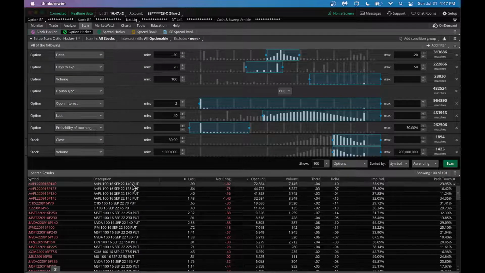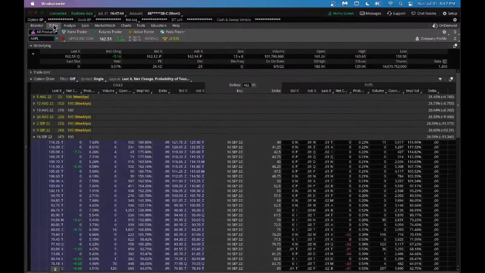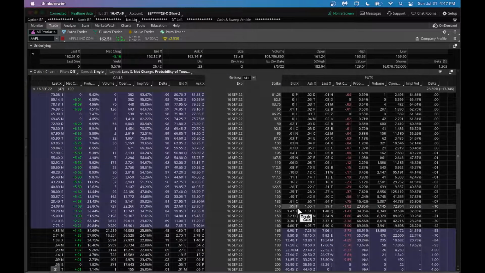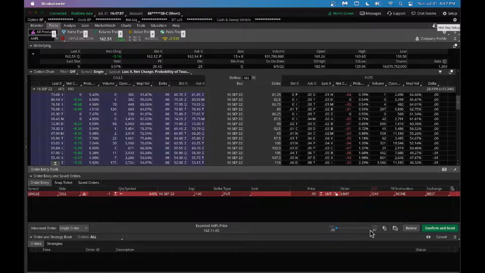We are looking at the 140 put here. Right here, and look, there's a nice open interest like we saw earlier. You get about 99 cents, which is actually 97 cents, which is $97. You could just sell this and make some good money here.